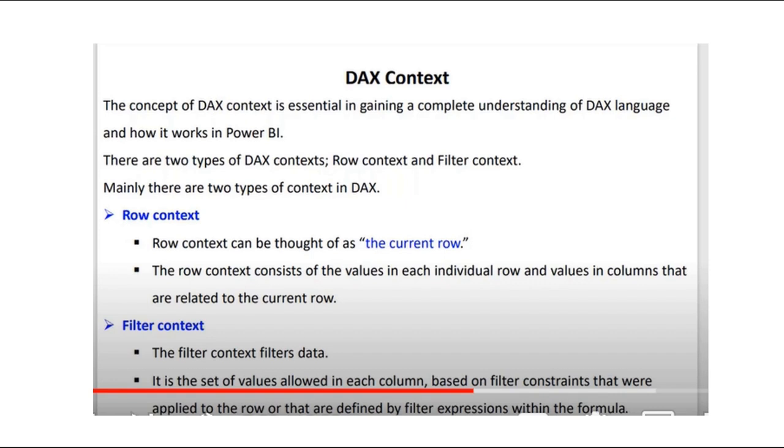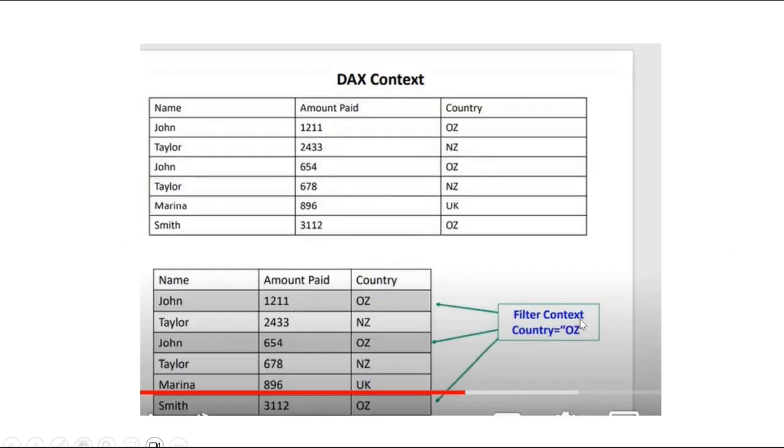It is the set of values allowed in each column based on filter constraints that were applied to the row or that are defined by the filter expression. So there are two types, row, the current row, and filter, which is when you really want to filter. Like here, this is a table where we want the names of countries only where the country name is OZ.